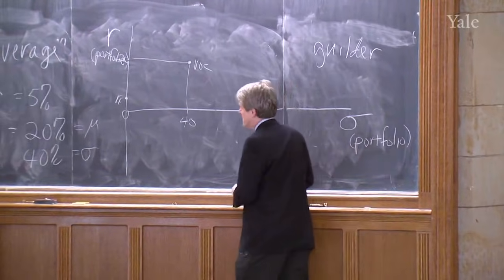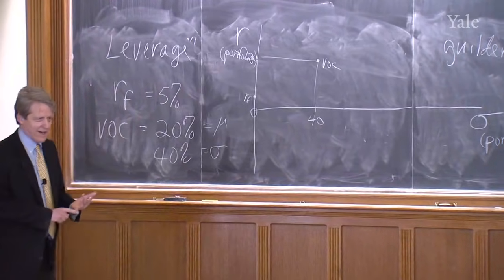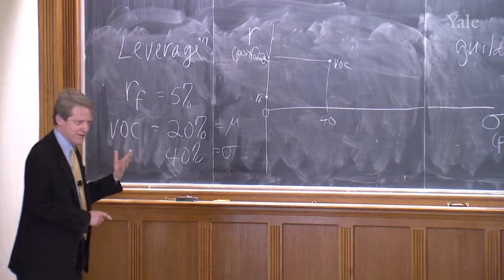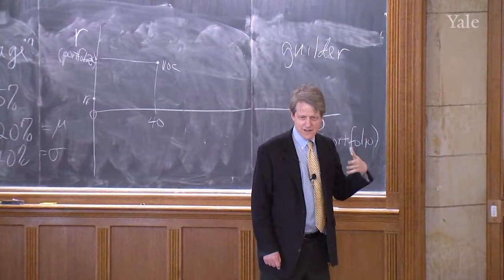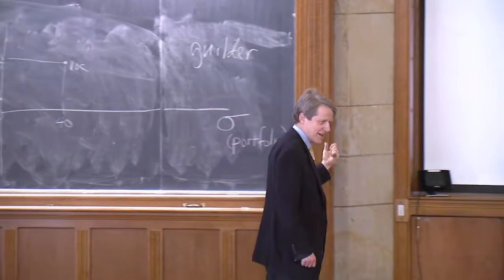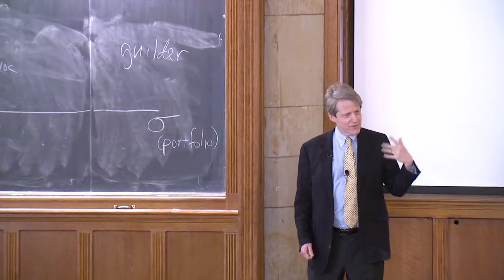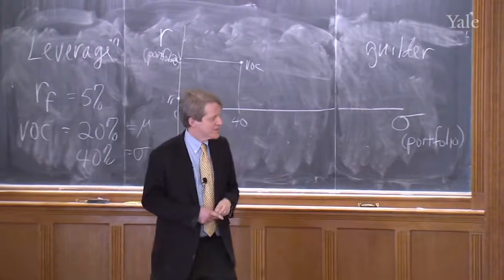Well, my expected return is going to be 35%. Because look, I'm owner of 200 guilders worth of VOC stock. The expected return is 20%, so I'm going to get 40 guilders out of that. But then I have a debt. I've got to pay 5 guilders to my lender. So it's 35 is what I've got. And as a percent of my initial investment, that's 35%.